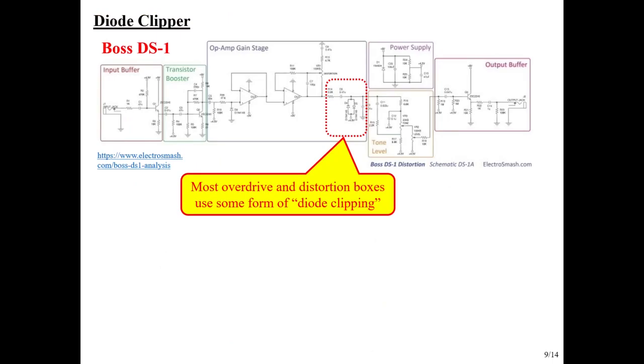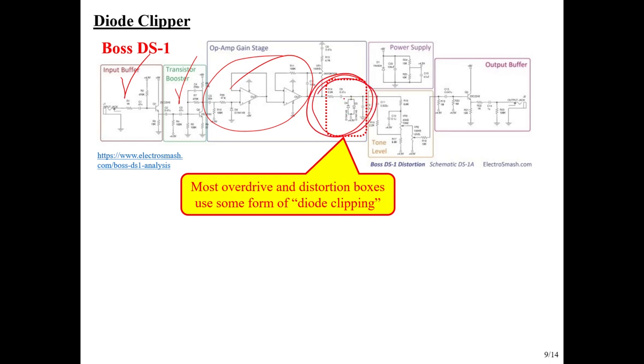So just a little bit, I'm just pulling off the schematic from the Electrosmash analysis of the Boss DS1 and just pointing out that there's a bunch of sub-circuits in there. We've got an input buffer, a transistor booster, an op-amp gain stage, and then here's really the heart of it: diodes.